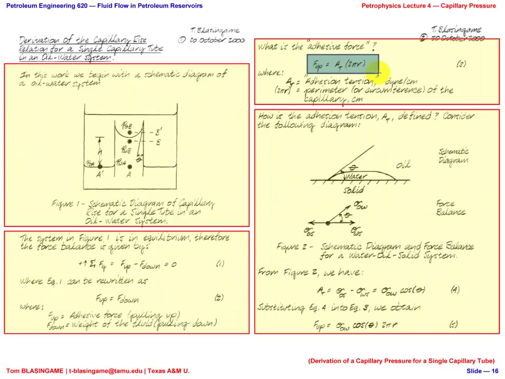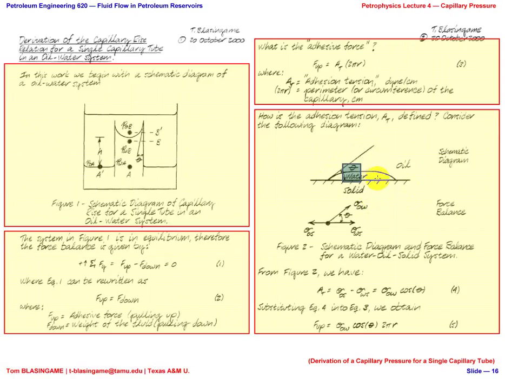Now we have to go through some discussion about how to define what the adhesion tension is, and that's what this discussion is. So the adhesion tension is a resultant force. We have a solid material. We have fluid. It could be water. We have another fluid. It could be oil, or it could be gas. And then we have an angle of incidence, and that angle of incidence is measured through the wetting phase. Okay?